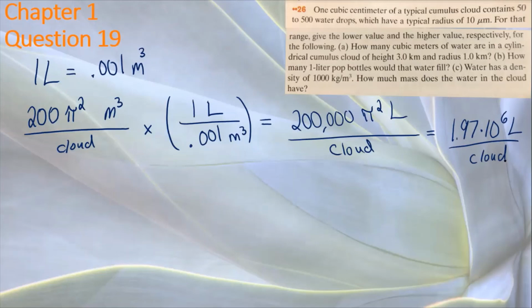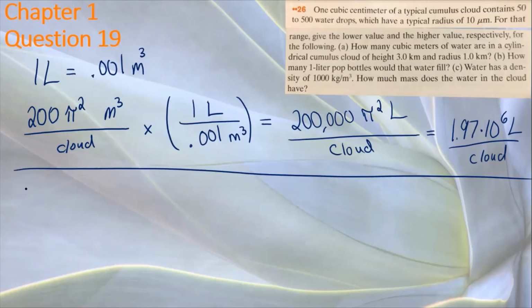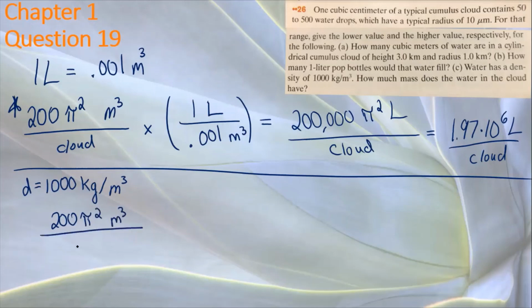And the last part tells us that D equals 1,000 kilograms per meter cubed. And right here, we know that the volume of water in the cloud is 200 pi squared meters cubed per cloud.